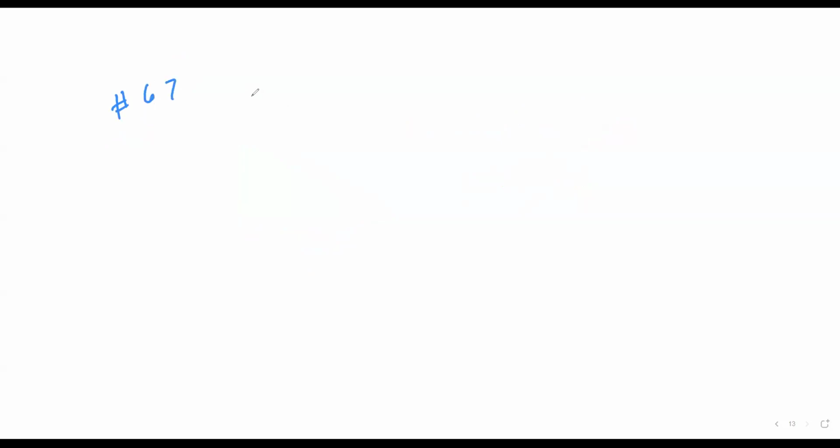Again, this says the ramp of a moving truck touches the ground 12 feet away from the end of the truck. If the ramp makes an angle of 30 degrees relative to the ground, what is the length of the ramp? So that means here's our ramp.